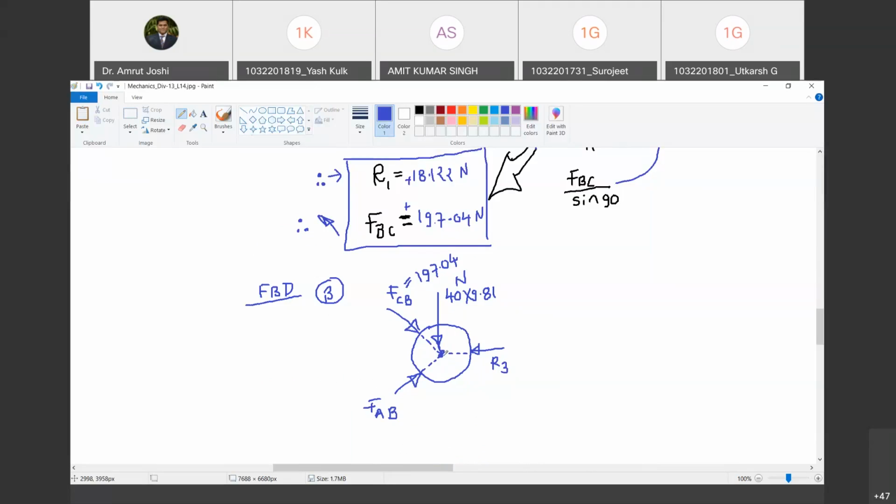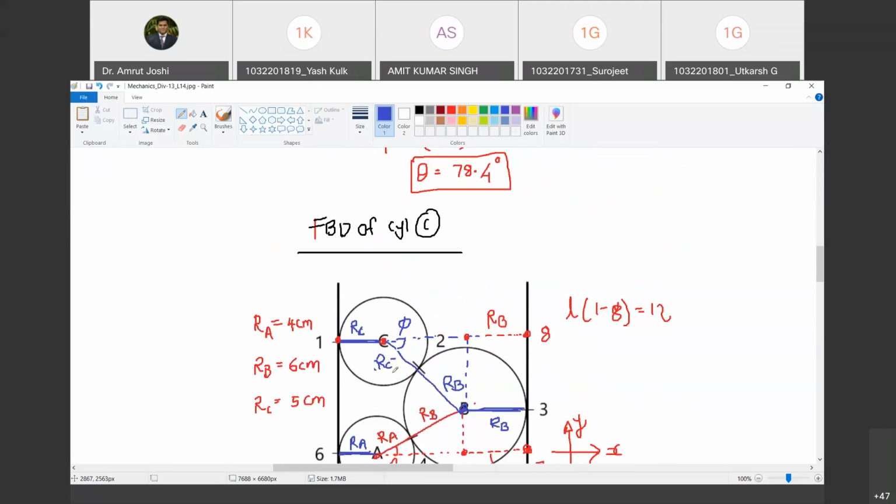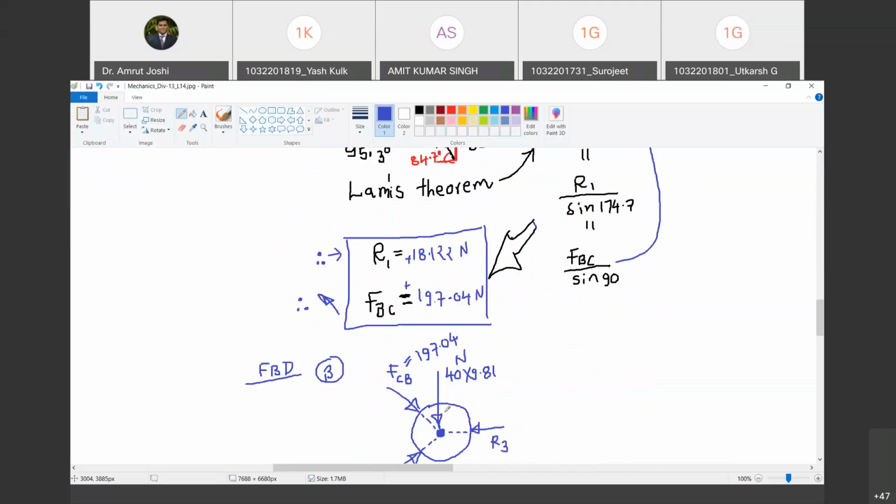For a concurrent force system, there is no notion of moment equation. Are you with me? Yes. So therefore, we can solve only two unknowns. If we can solve for only two unknowns, we would not have been able to solve for FCB, FAB, and R3 simultaneously. Therefore, the uppermost sphere is likely to have the least number of unknowns, and therefore we should start with that. Are you with me? Yes, sir.